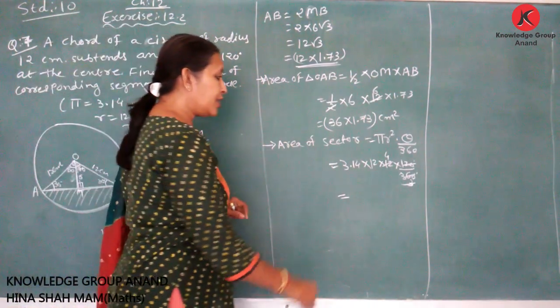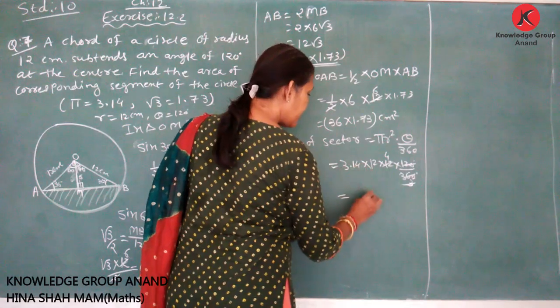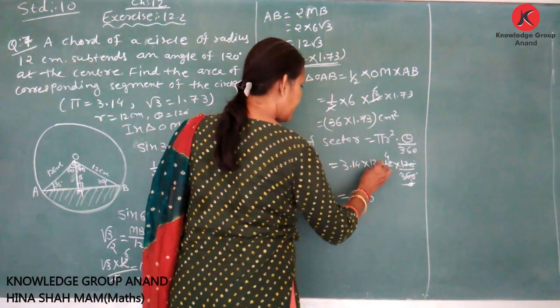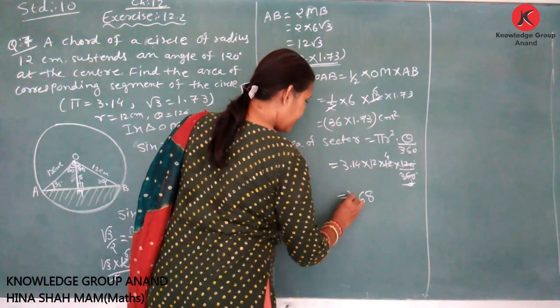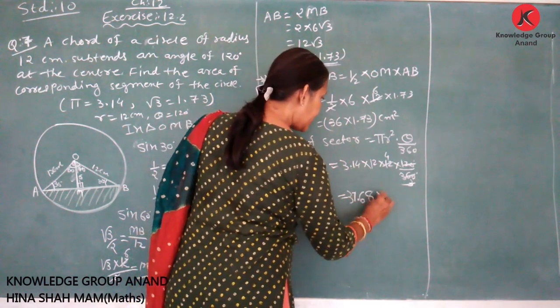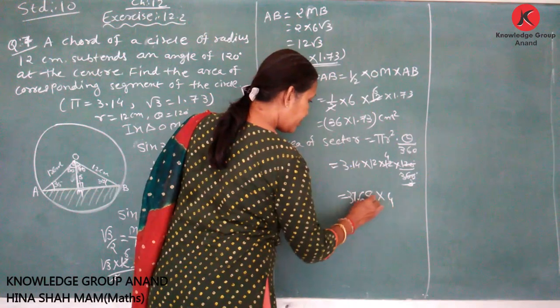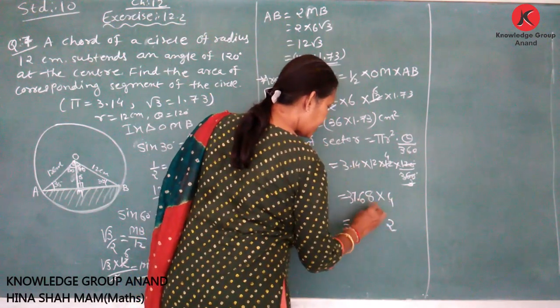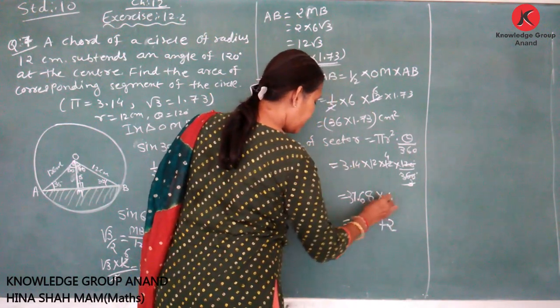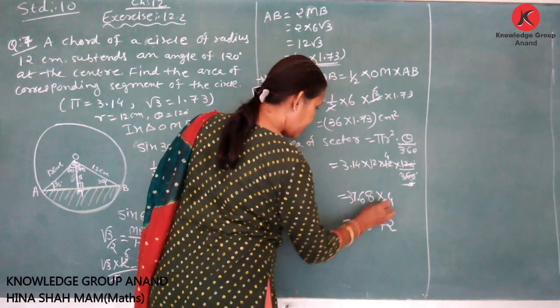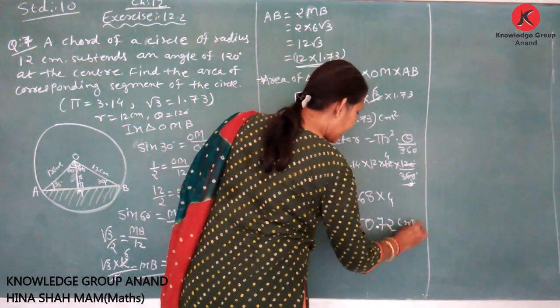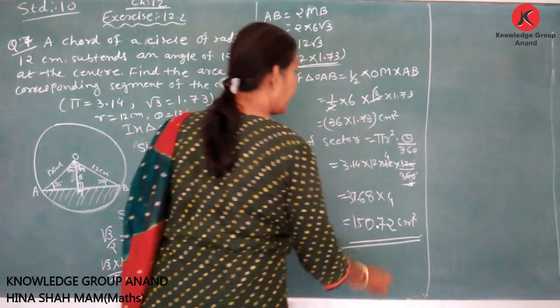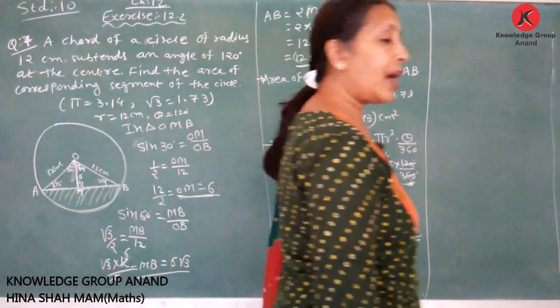Now multiplication of these terms. 37.68 multiplied by 4 is 150.72 centimeter square.